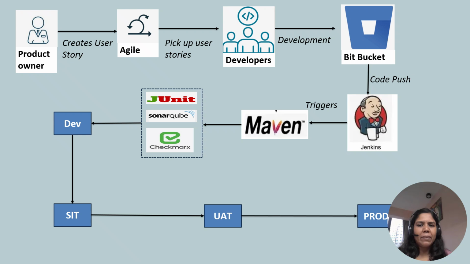Mostly developers use this environment, testing all the features they have developed. Then what is the SIT environment? This is the system integration testing environment, which ensures all the components, modules, APIs and database are working together. Usually the testing team does this complete end-to-end testing in this environment.